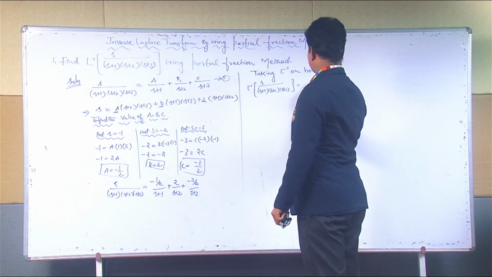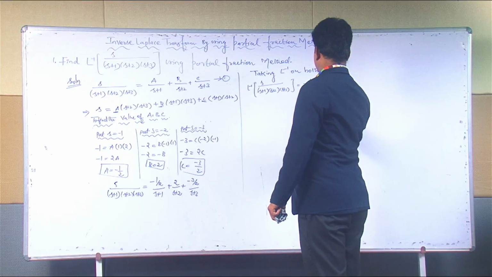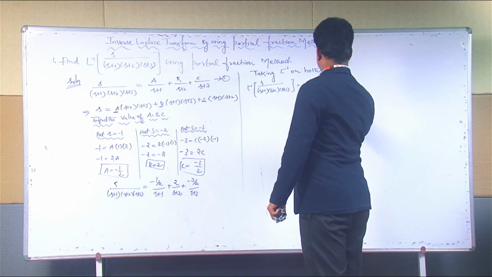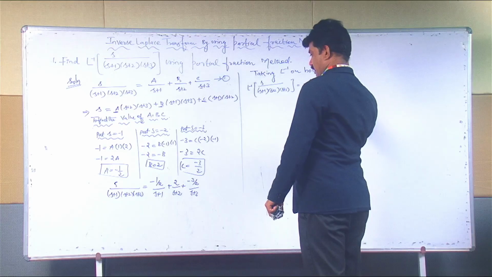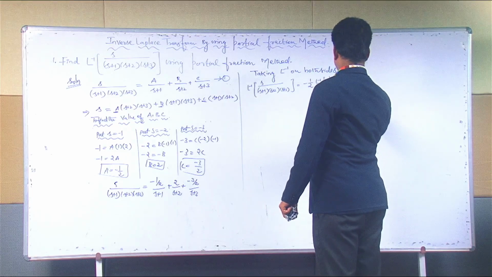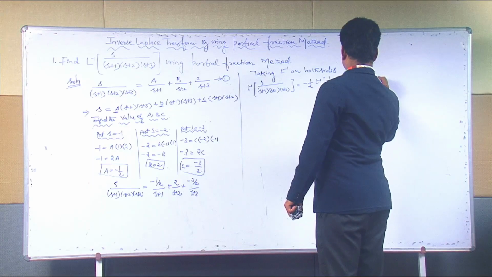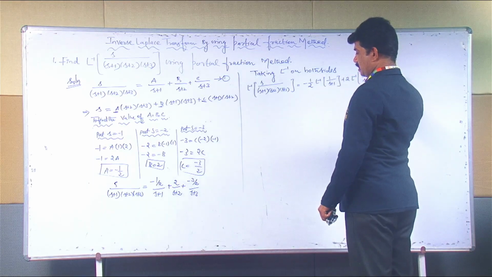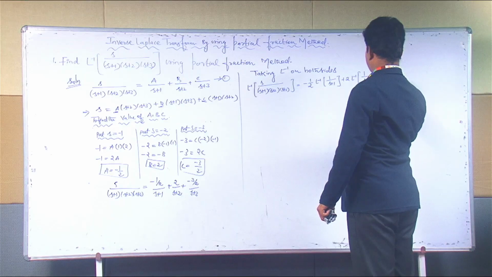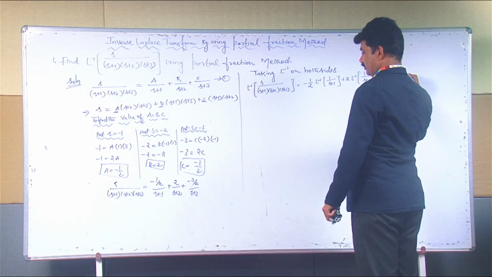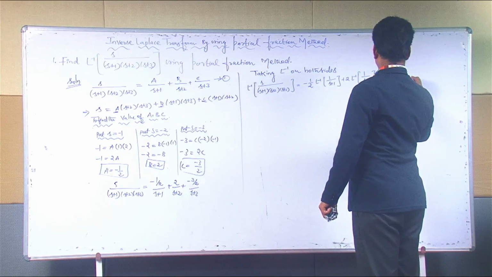By applying the linearity property, this is minus 1 by 2 into L inverse of 1 divided by s plus 1, plus 2 into L inverse of 1 divided by s plus 2, and the next one is plus minus 3 by 2 into L inverse of 1 divided by s plus 3.